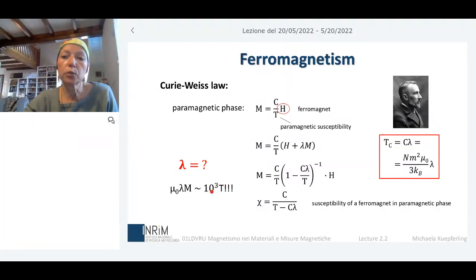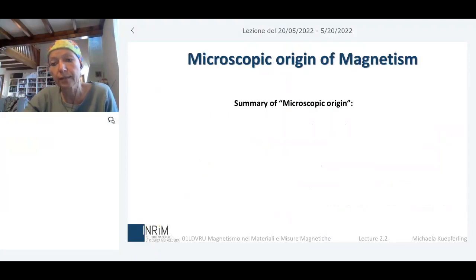So 2.2 Tesla of magnetization, it's very strange that somehow there should exist a Weiss molecular field of 1000 Tesla. And this had to be understood, so it was clear, of course, that this theory of Weiss is a very beautiful phenomenological theory that describes very well the behavior of ferromagnetic materials. But it's a phenomenological theory. It does not tell you anything about the origin of ferromagnetism.